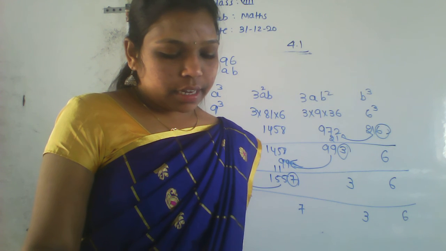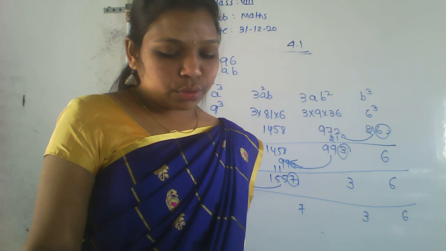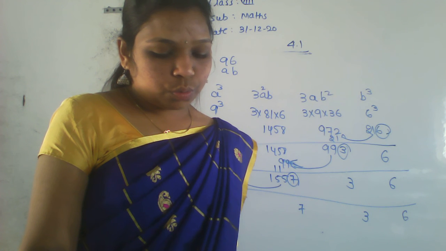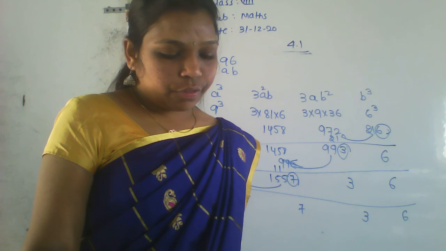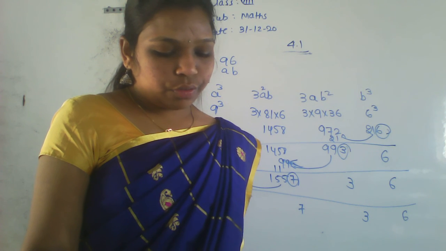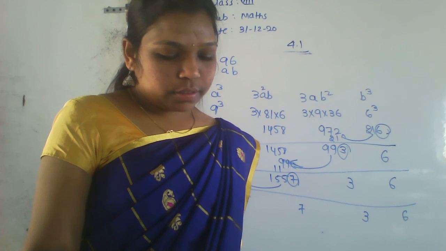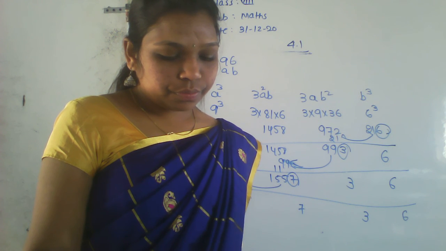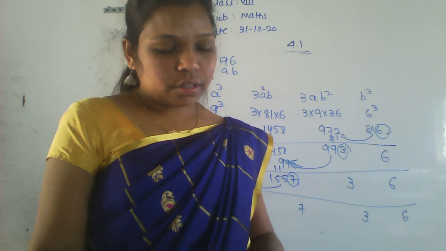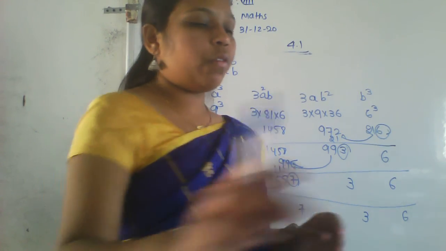Next one is 3 cube minus 2 cube is 1 plus 3 into 3 into 2. 4 cube minus 3 cube is nothing but 1 plus 3 into 4 into 3. 5 cube minus 4 cube is equal to 1 plus 3 into 5 into 4. Observe the pattern and complete each of the following they ask here.